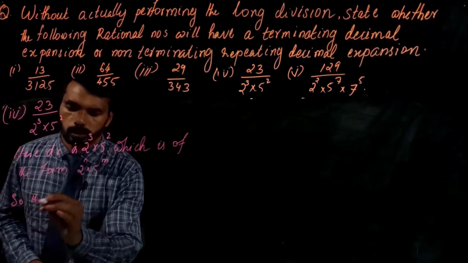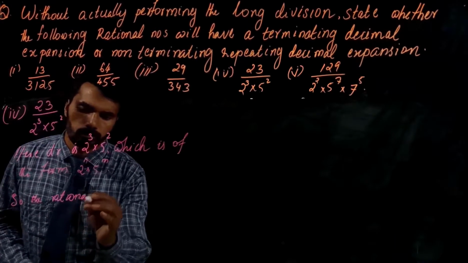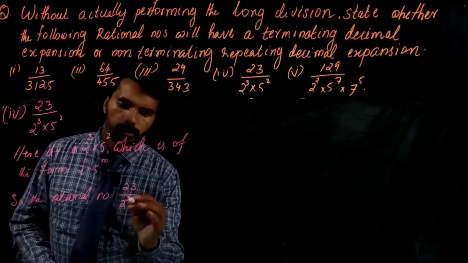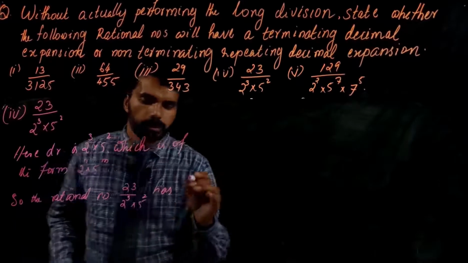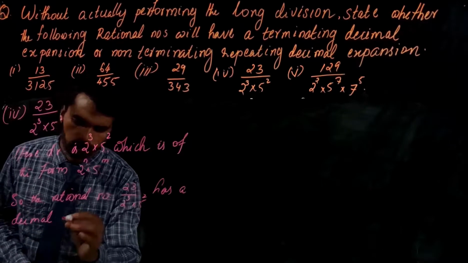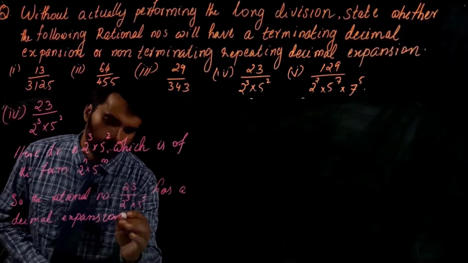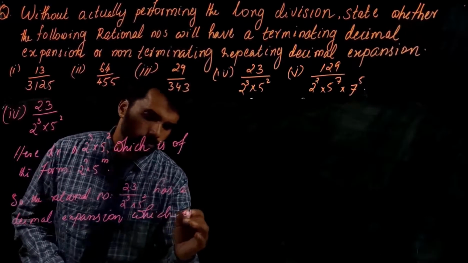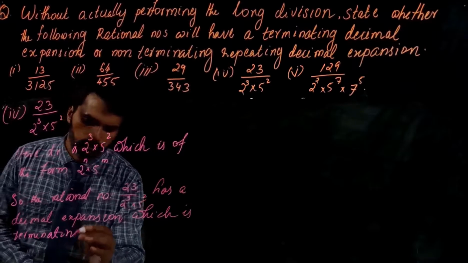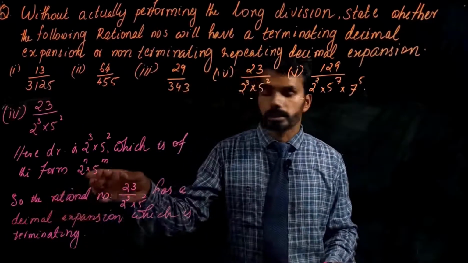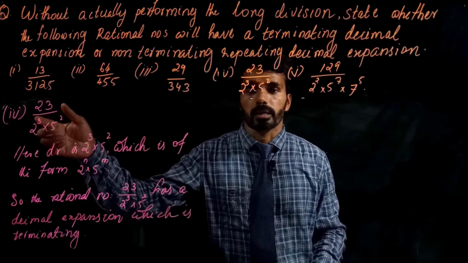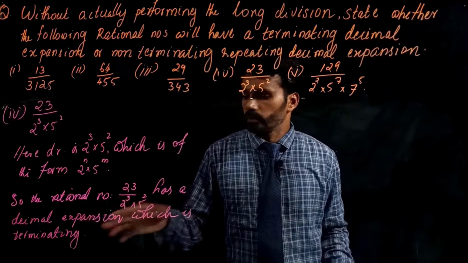So the rational number 23 divided by 2 raised to 3 into 5 squared has a decimal expansion which is terminating. Since the denominator is of the form 2 raised to n into 5 raised to m, this rational number has a terminating decimal expansion.